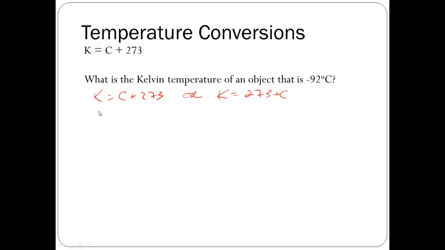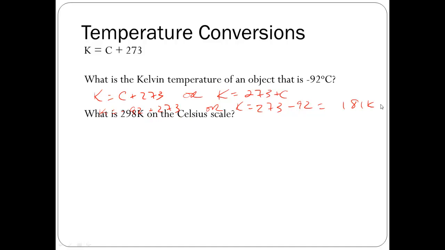So all I have to do is take my temperature and substitute it in there: 273 minus 92, and I get my answer of 181 Kelvin. Okay, so very simple to do.